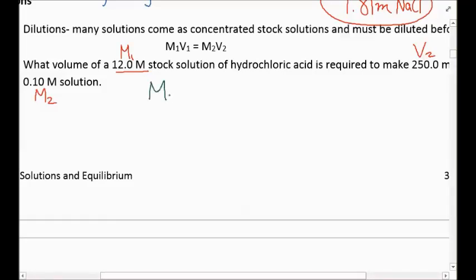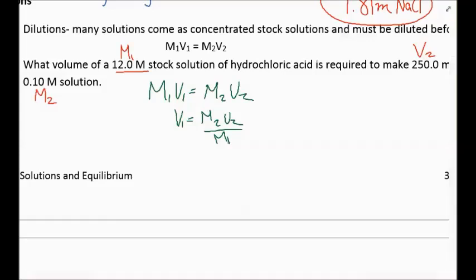We're going to rearrange this to solve for V1. So V1 is going to equal M2 V2 over M1. Now, you might be thinking, well, this is in milliliters. Do I have to change it to liters for this to work out? The answer is no. As long as your units are canceling out, you can leave them in the units that you have.